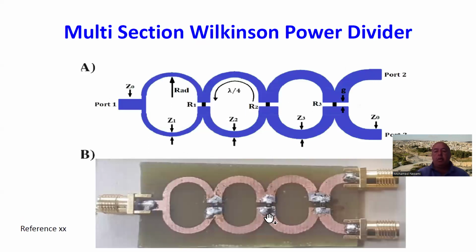Now, as you can see here, this is basically a typical implementation where each section is implemented as a cascade. These are two arcs, one arc in here and one arc in here, and then there is a resistor in here.